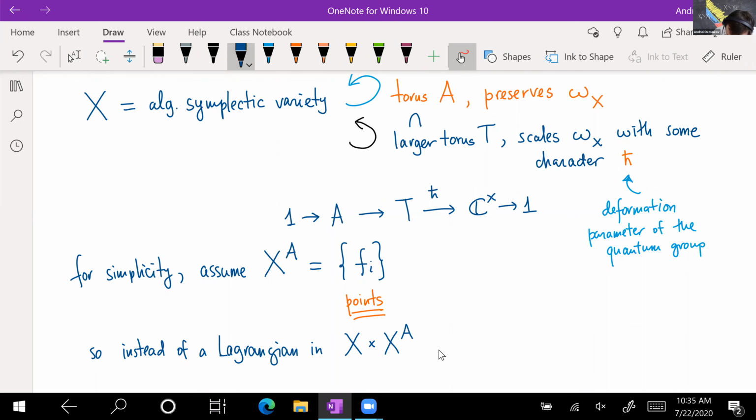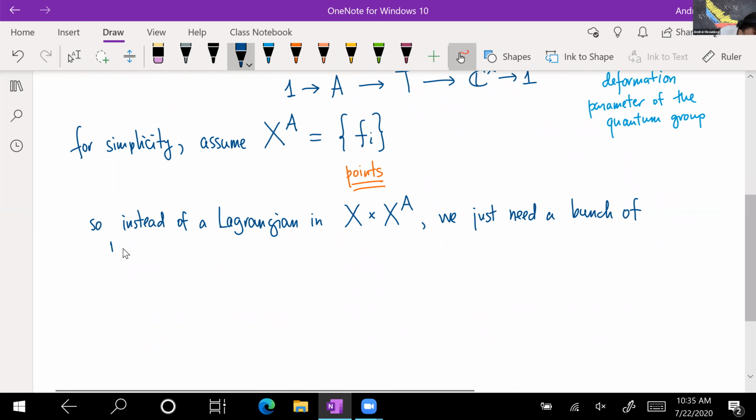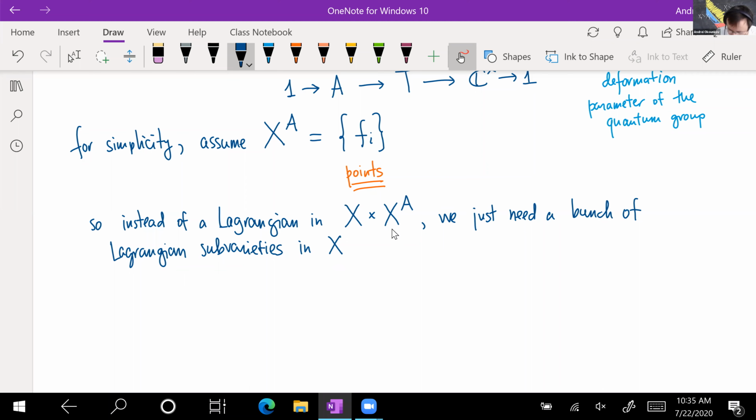Here, we just need a bunch of Lagrangians. This zero-dimensional locus is just a bunch of points.